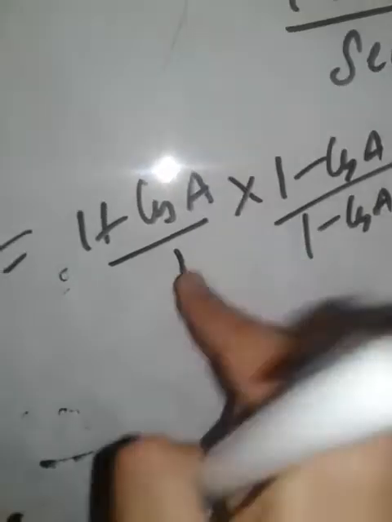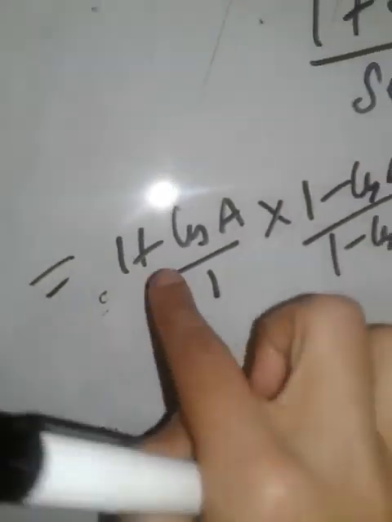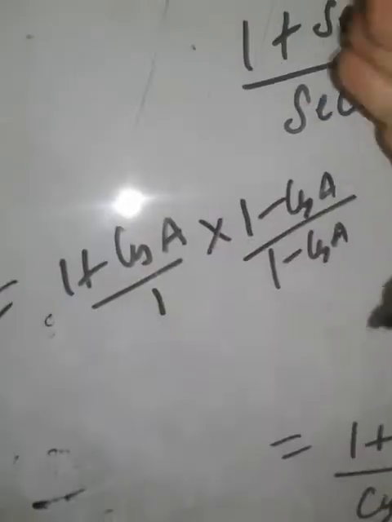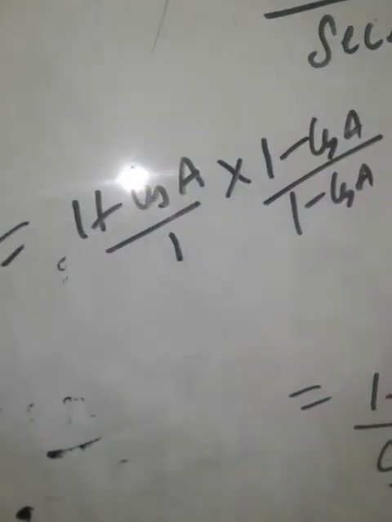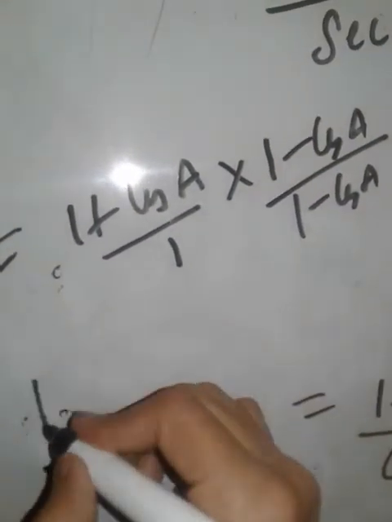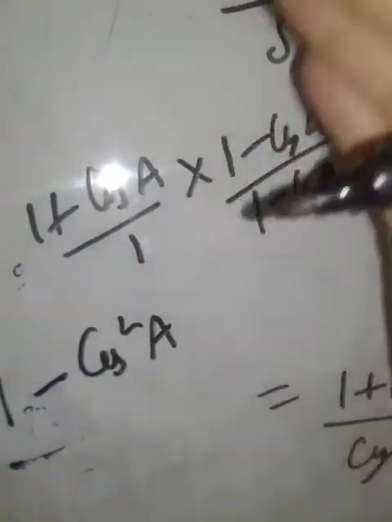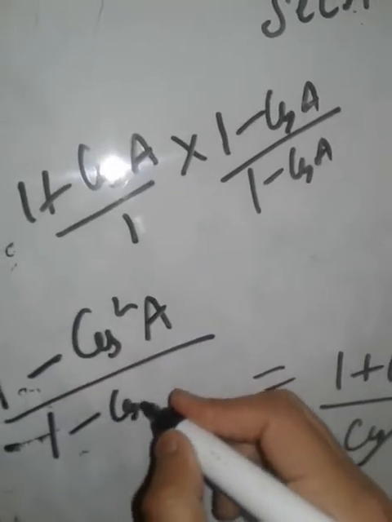Here we can put it divided by 1. Now this is the algebraic identity, a plus b into a minus b is a square minus b square. 1 plus cos a into 1 minus cos a equals 1 square minus cos square a, divided by 1 minus cos a.